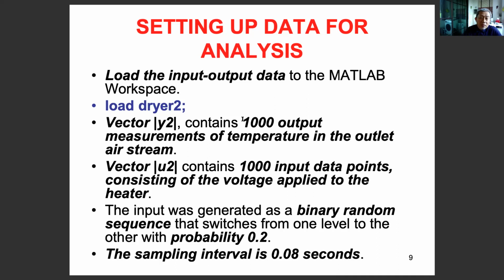This data consists of Y2, which is 1000 output data, and U2, which consists of 1000 input data. The input was a pseudo-random binary sequence, or PRBS, that switches from one level to another with a probability of 0.2. The sampling interval is 0.08 seconds.